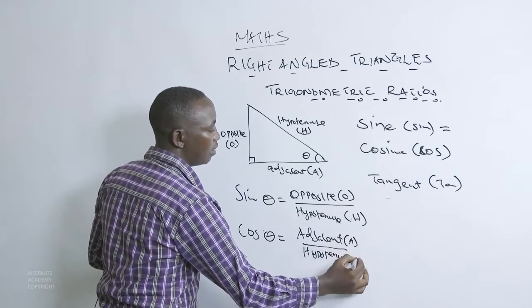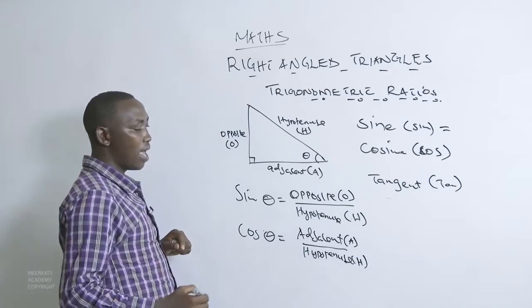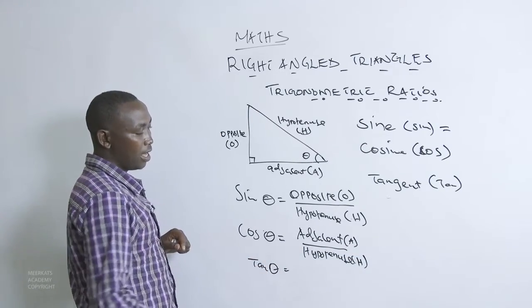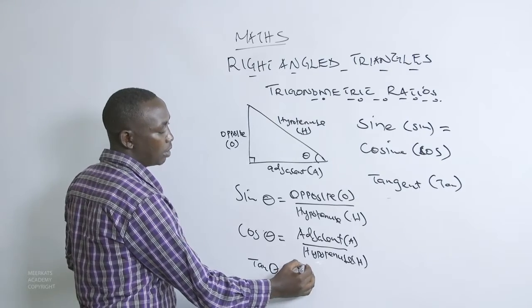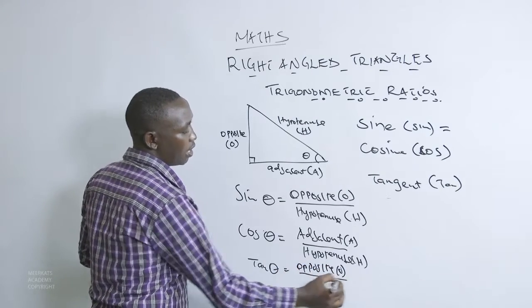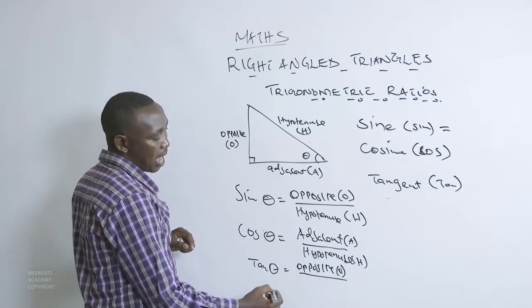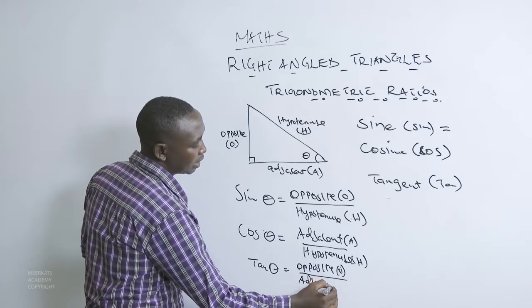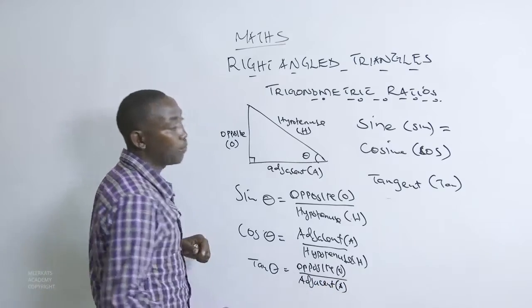This is A, this is H. And then finally, if you want the tan of theta, it will be given by opposite, which is O, divided by the adjacent side to that particular angle, A.